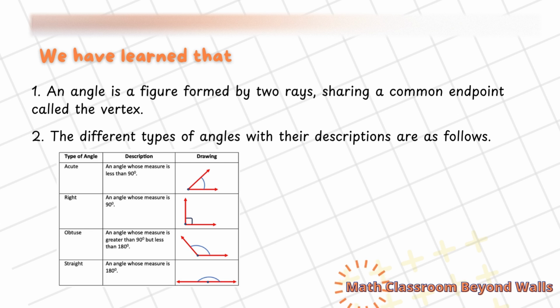Right angle, an angle whose measure is 90 degrees. Obtuse angle, an angle whose measure is greater than 90 degrees but less than 180 degrees. Straight angle, an angle whose measure is 180 degrees. Their corresponding drawings are on the table.